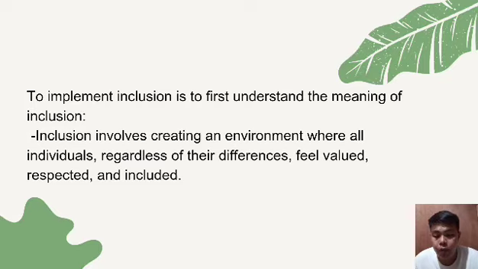It's all about recognizing and appreciating diversity in various forms such as race, ethnicity, gender, abilities, and more. Once you understand the concept of inclusion, you can take steps to actively promote it in your community or organization.